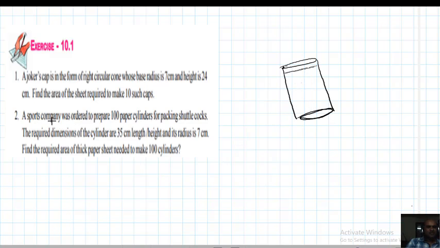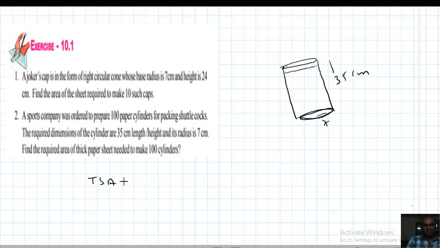The required dimensions of the cylinder are 35 centimeters length and base radius is 7, this is 7 and this is given as 35 centimeters. I want my total surface area into 100 to give the area of the sheet required to prepare such 100 cylinders.